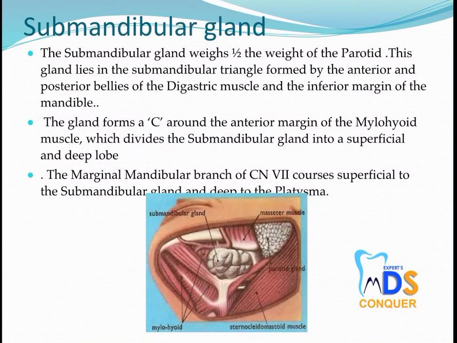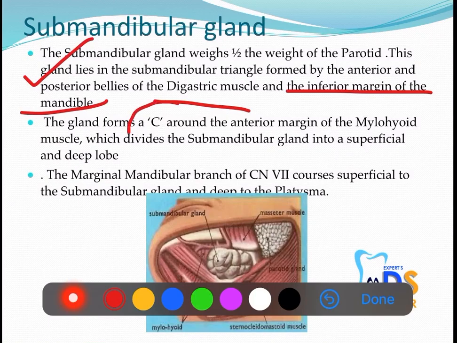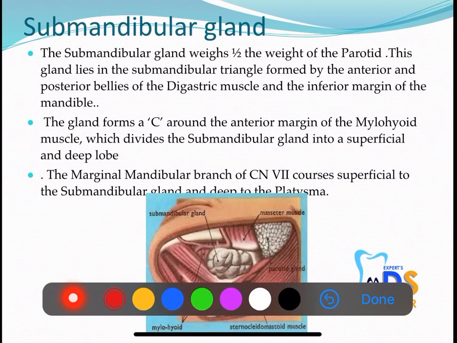Okay, so next coming to the submandibular gland. Again we know it lies in the submandibular triangle, which is formed by the anterior and posterior bellies of the digastric muscle and the inferior margin of the mandible. It forms a C shape around the posterior margin of the mylohyoid muscle, which divides the submandibular gland into the superficial and the deep lobes.